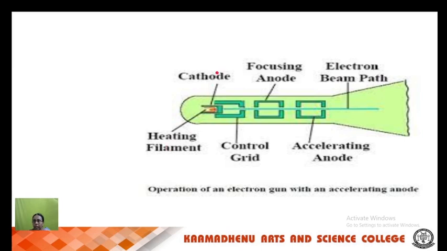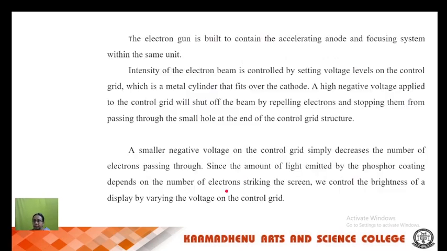The cathode is placed inside the control grid, and inside the cathode we have the heating filament. The focusing anode and accelerating anode are used to direct the electron beam path. The electron gun is built containing the accelerating anode and focusing system within the same unit.